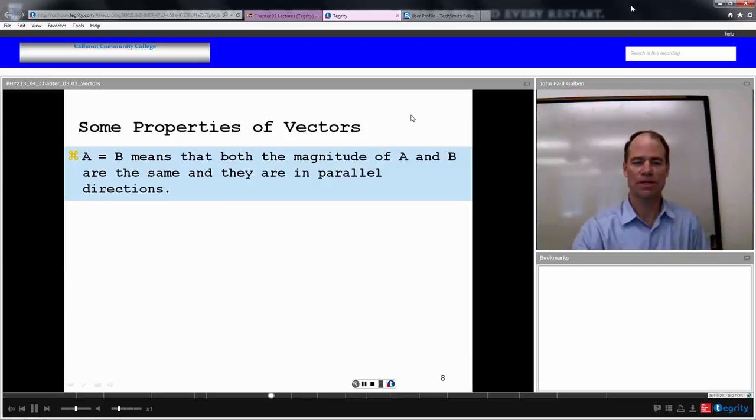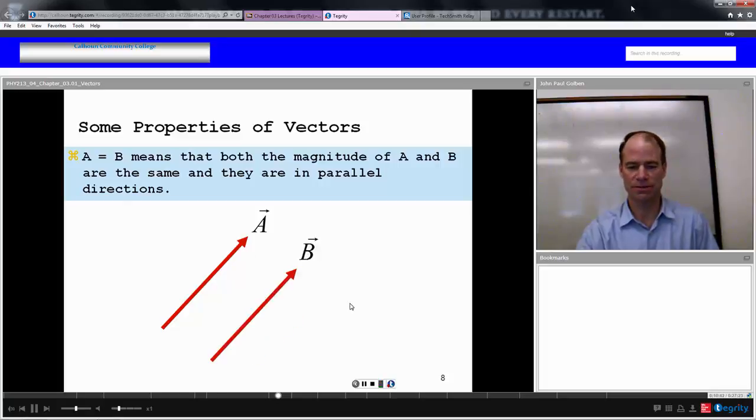Here are some properties of vectors. To say that A is equal to B means that both the magnitude of A and B are the same and that they are in parallel directions. Here's vector A, designated by A with an arrow over it. I have magnitude and direction. Here's vector B, also magnitude and direction.